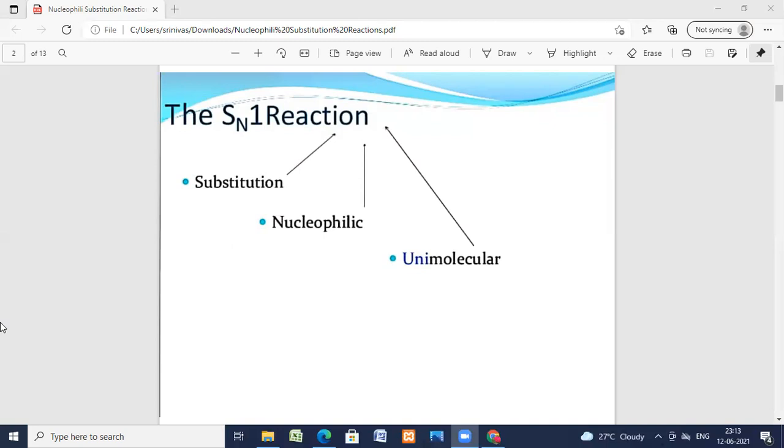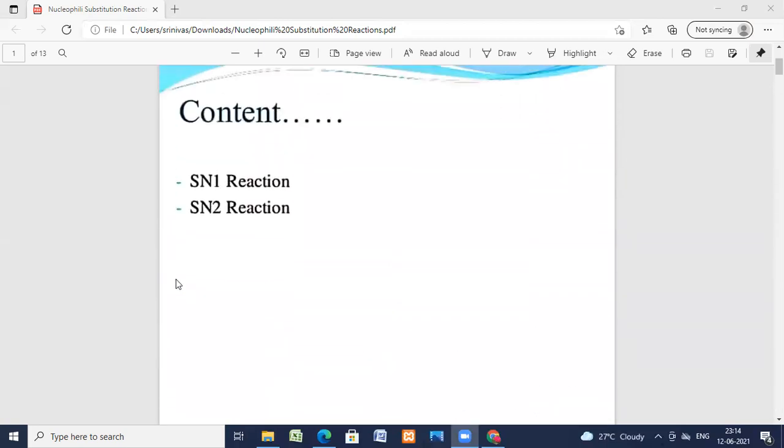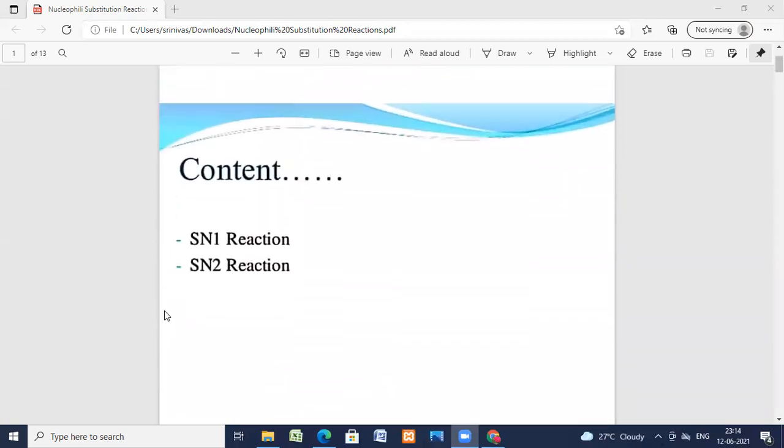Now, aliphatic nucleophilic substitution reactions, based on kinetics and molecularity, are divided into two types: SN1 and SN2 reactions.